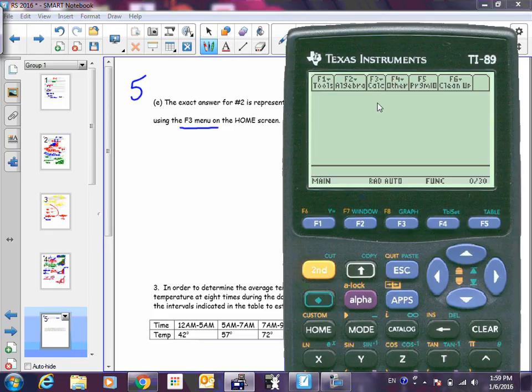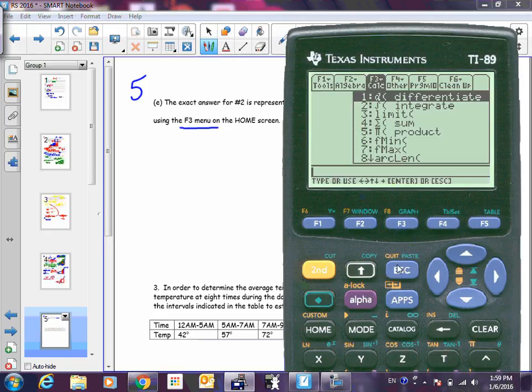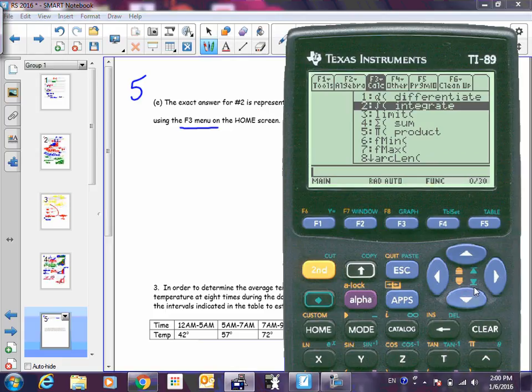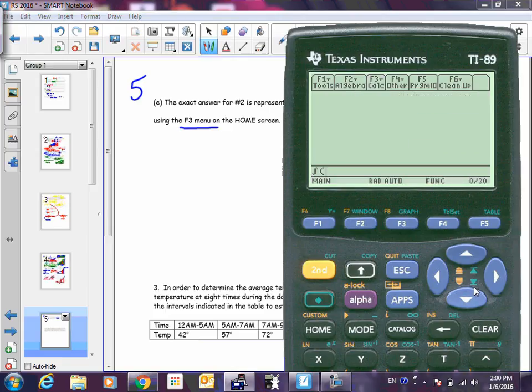And if you see F3 calc, we go F3 calc, and the choice number 1 is differentiate. This is how we got our calculator to take the derivative. Well, choice 2, now we're going to put a name to this, integrate. So choice 2, integrate. That's what we're doing now. And I haven't even explained what that means.